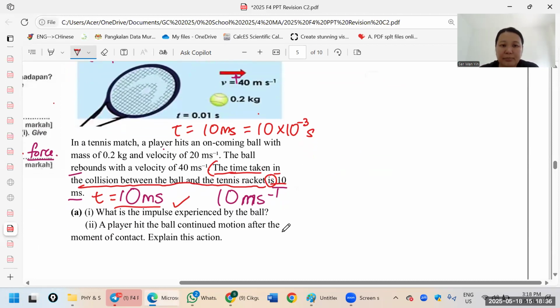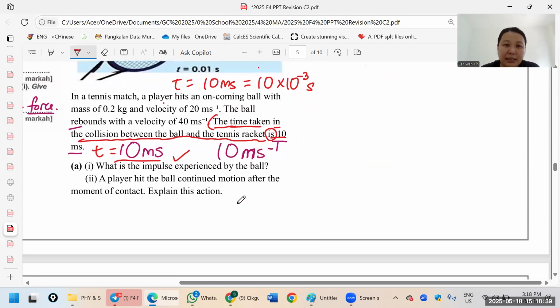Now, what is the impulse experienced by the ball? So impulse is Ft. Do you have F and t? You only have t, you don't have F, then no choice. We use mv minus mu.